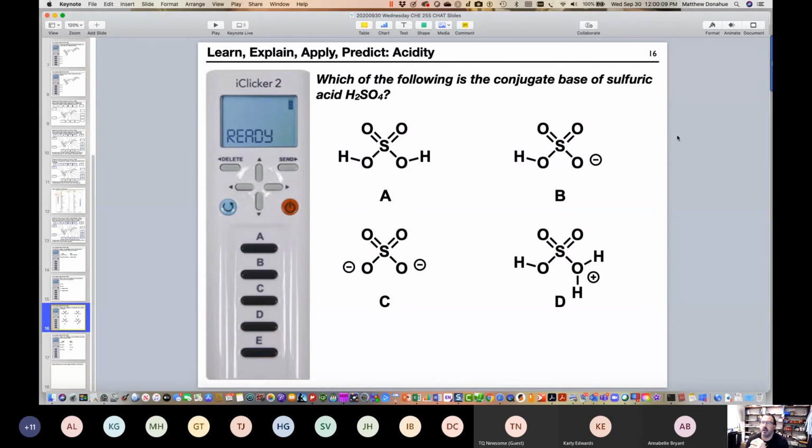If it loses one hydrogen, what is the conjugate base? So B as in boy is the response that we're seeing. So yeah, that's correct. You're losing one of the H's bound to the oxygen. It therefore has a negative charge.